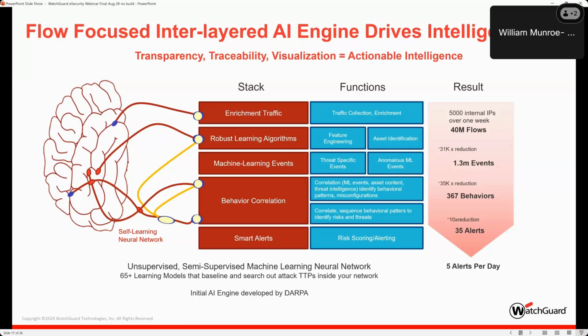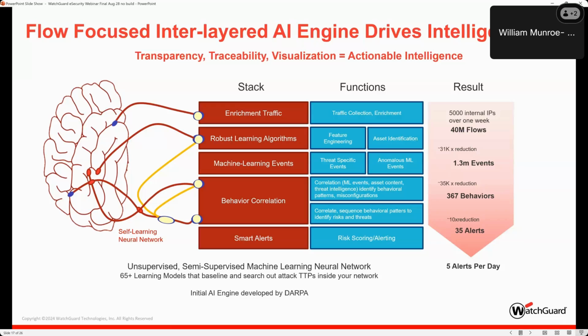If you go over and look at the far right, here's a 30,000 user organization. They have over 6,000 internal devices, 5,000 internal IPs. This is 1 week of data for them about a year ago today. 40 million network flows of data operating in that environment. When that traffic is collected, it's enriched, and it's feature engineered down to what's normal, it becomes 1.3 million events.